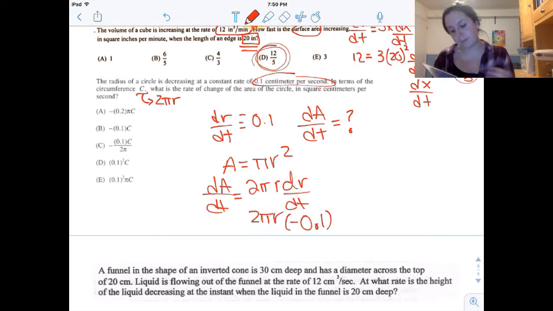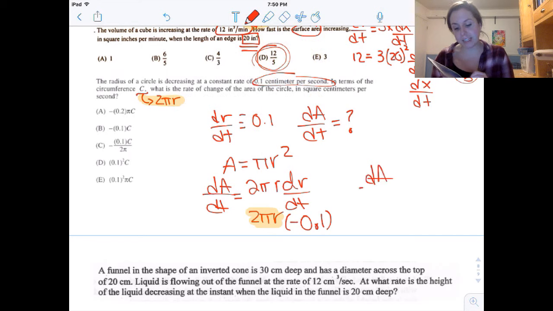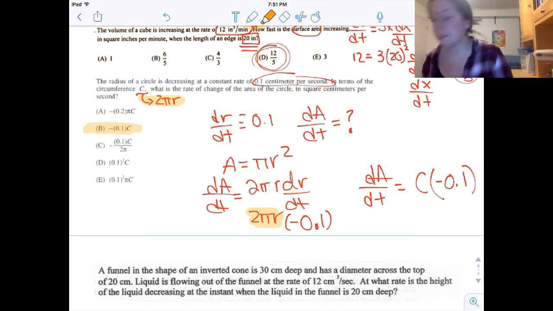And it's said in terms of circumference. C is 2 pi r, so that is 2 pi r. So here's what I actually know. dA/dt is C times negative 0.1. And that, my friends, is letter B. So sometimes they're going to ask you to express everything in terms of variables. It happens. Don't let it freak you out.